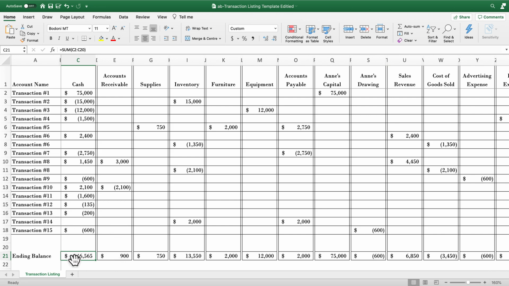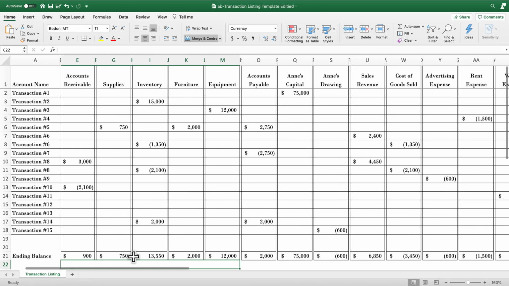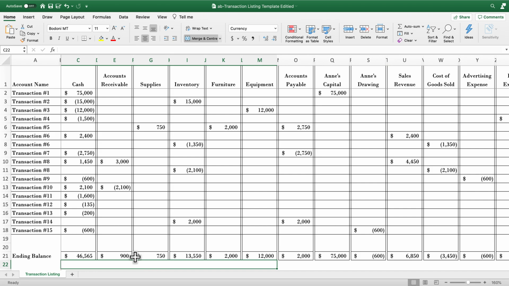Alright? So here you want the formula. You want to put equals, sum, parentheses, and you want to highlight all of these transactions in the cash account. Then you click enter and it adds all those for you.